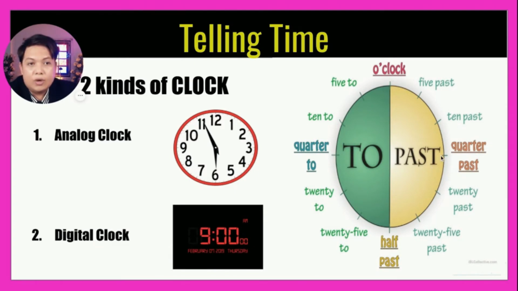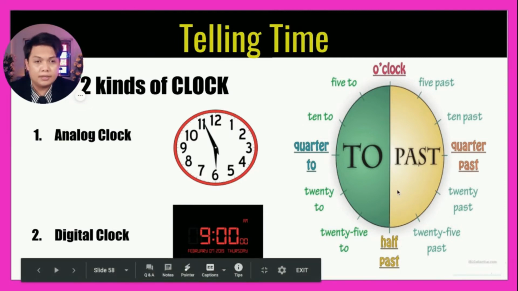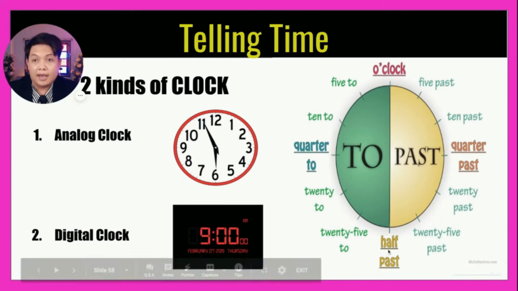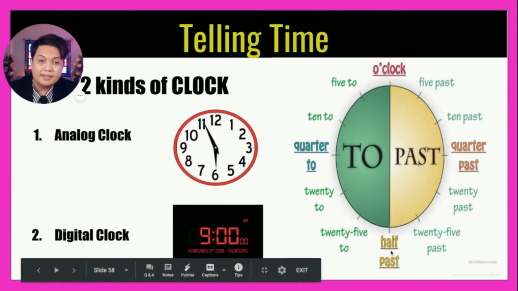Once the minute hand is pointing right here, you'd say quarter past. Once the minute hand is pointing here, you'll say half past. Then it would change when it passes this threshold right over here.